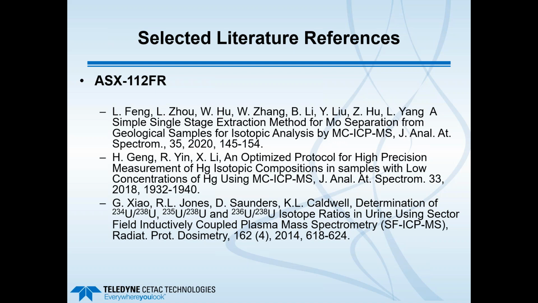The bottom one was actually for a clinical sample studying uranium isotope ratios in urine using a high-resolution ICP-MS, not a multi-collector. And that gives you some idea of the variety of different applications that the two auto samplers are used for.